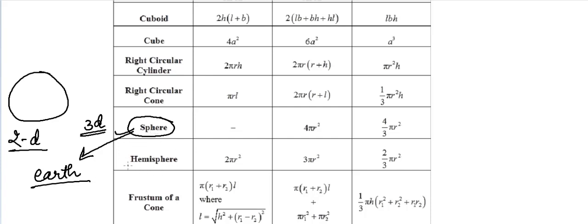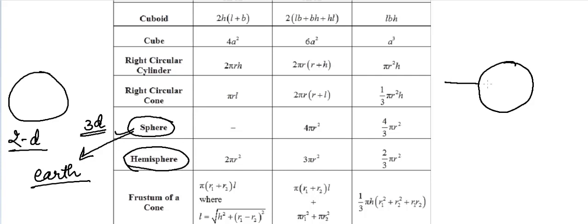Now the next is the hemisphere. What is hemisphere? If you see, this is a sphere. It is a three-dimensional structure. I can draw a three-dimensional structure on this plane because the plane itself is a two-dimensional structure, right?